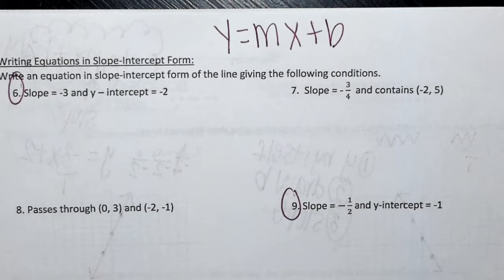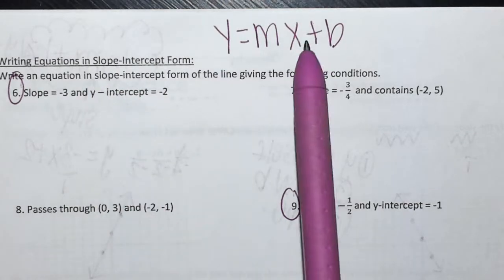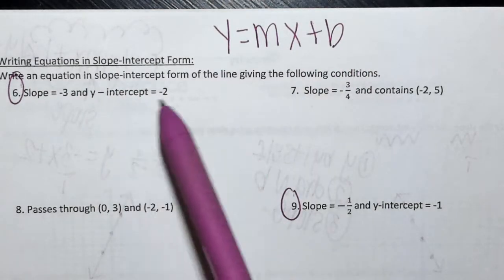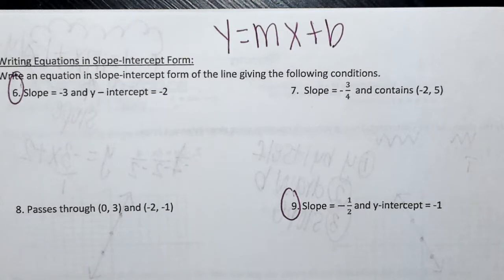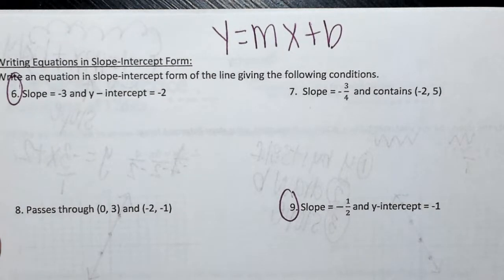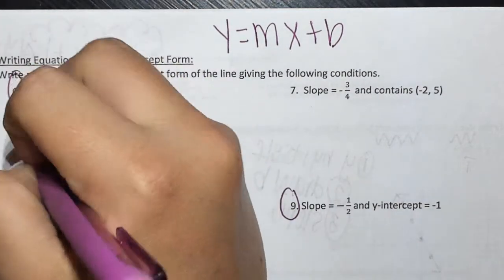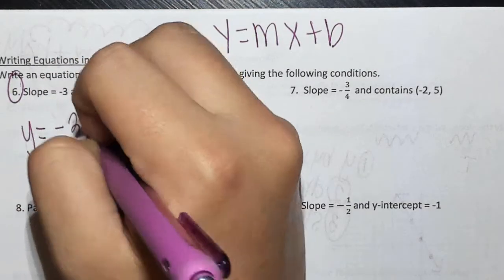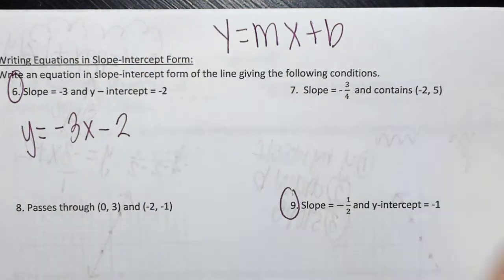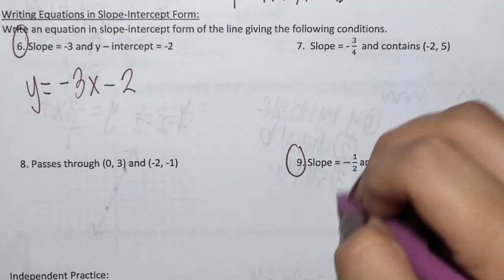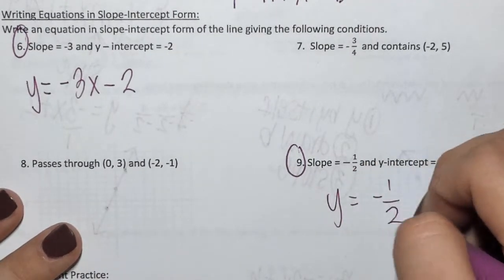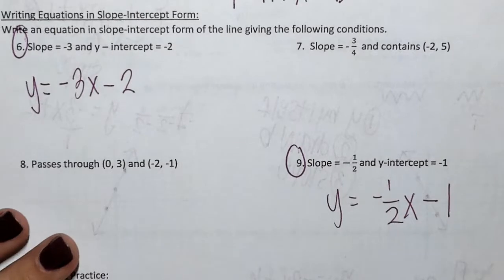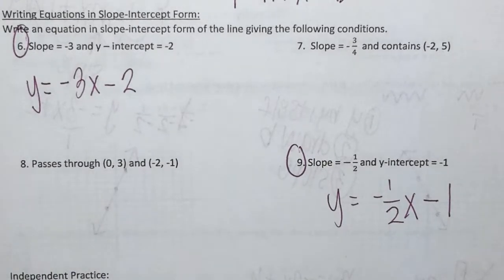All you're doing is writing your actual slope in place of M and your actual y-intercept in place of B. So 6 is y equals negative 3x minus 2. And then down here you have y equals your slope, x minus 1. That's the easy case, right? That's the best case scenario.